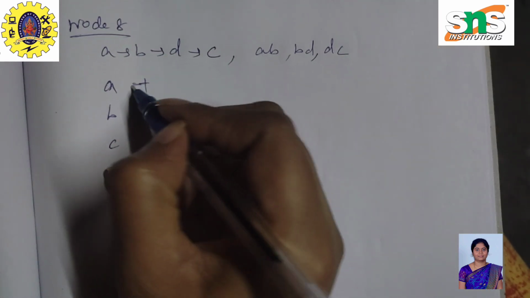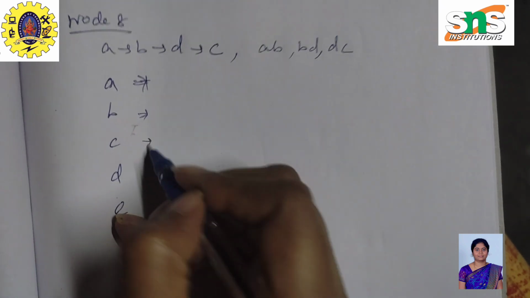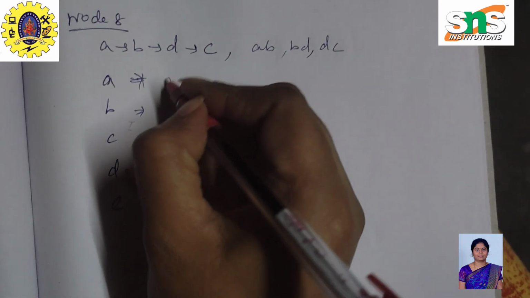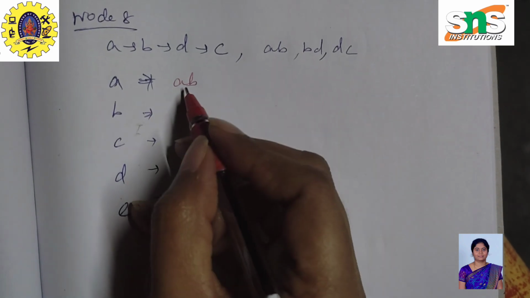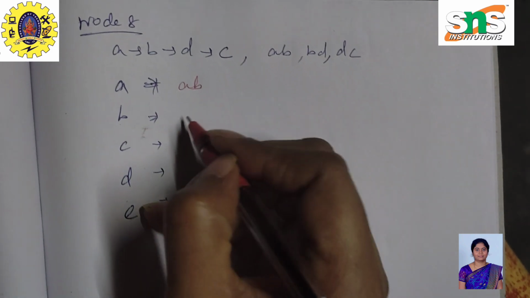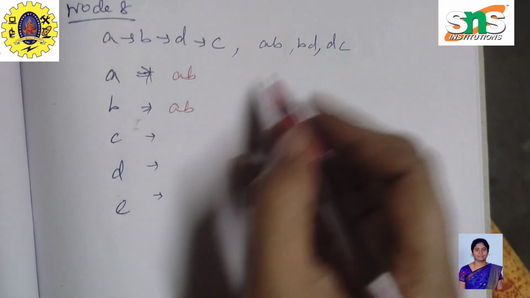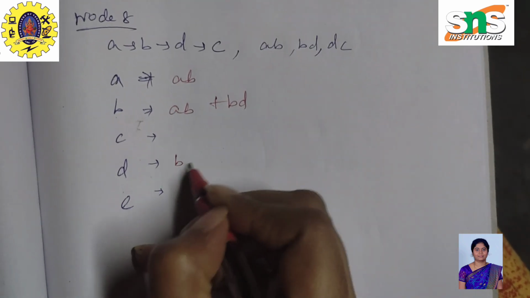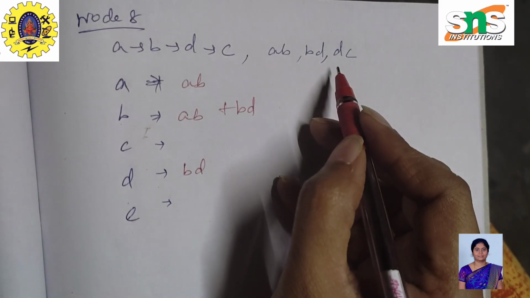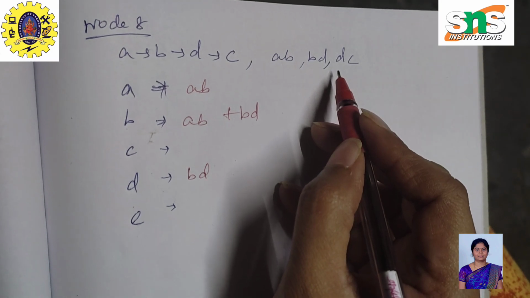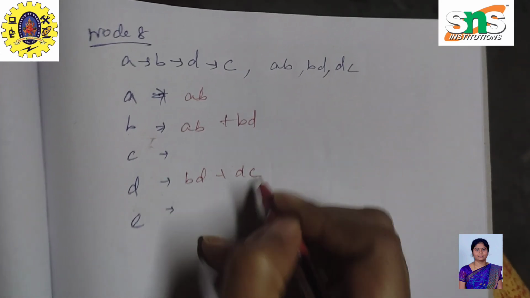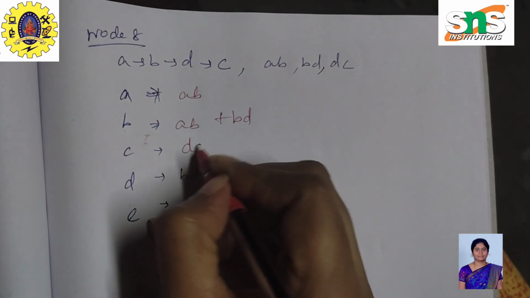So for A, for A also we can write A, and B, AB. For this B, so BD, and for D also BD, and here it is DC. For D it is DC, and for C also DC.